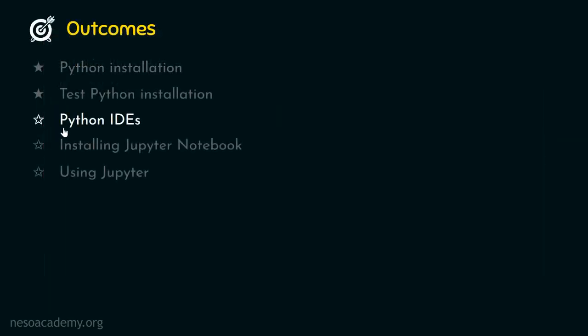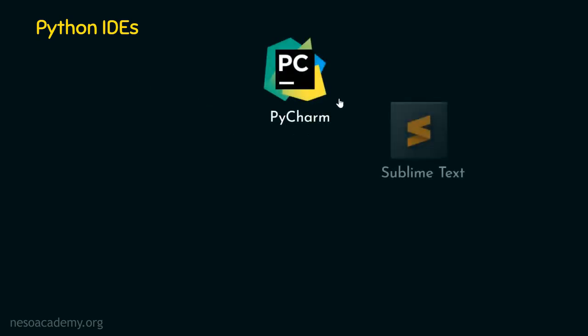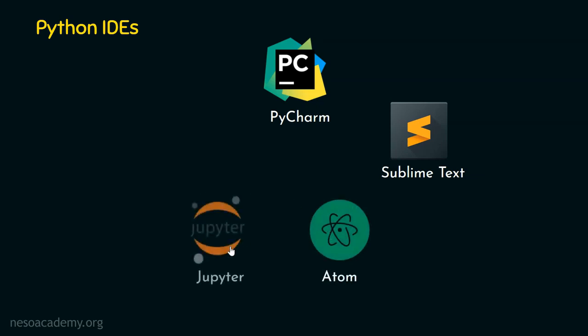Moving on, let's learn a bit about Python IDEs. Python IDEs, or Integrated Development Environments, are softwares for building applications that combine common developer tools into a single graphical user interface. Some of the common Python IDEs are PyCharm, Sublime Text, Atom, Jupyter Notebook, and Visual Studio Code Editor.